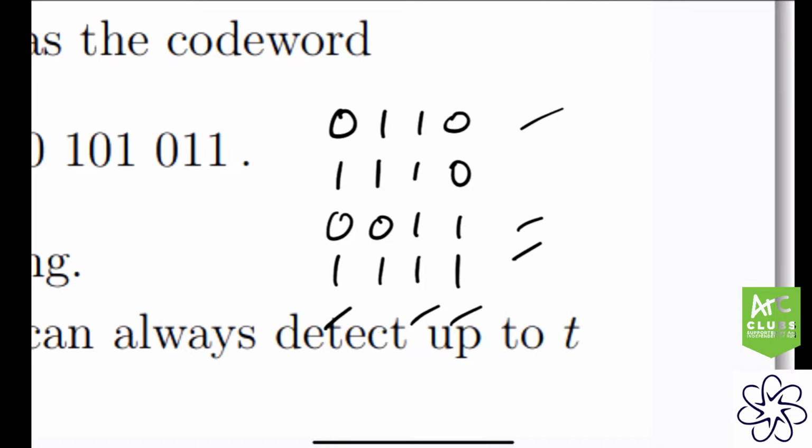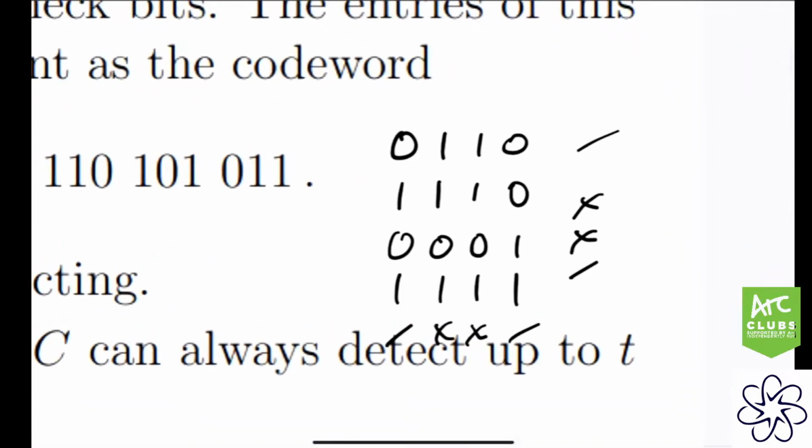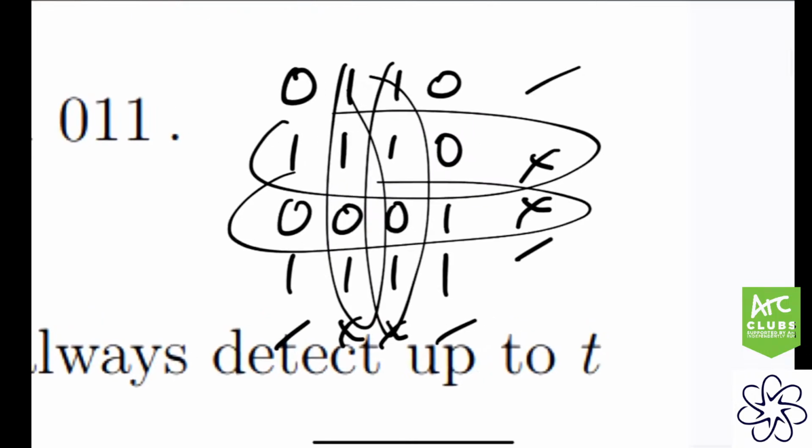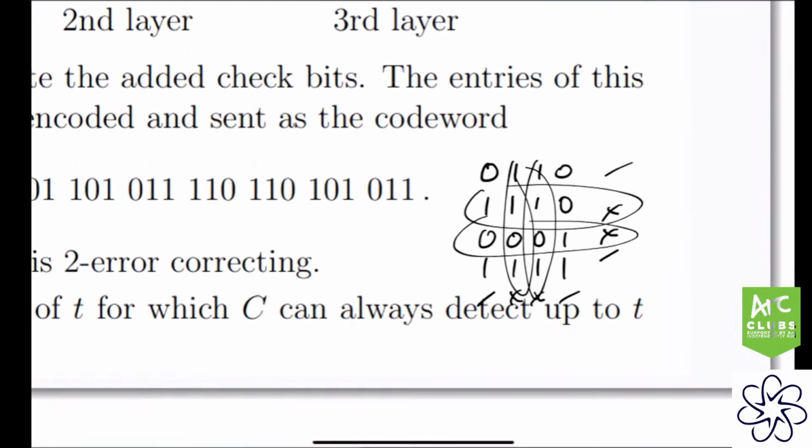However, if we had two errors, so for example, this also got flipped, we would be able to detect two errors here, but we wouldn't be able to tell where they are.